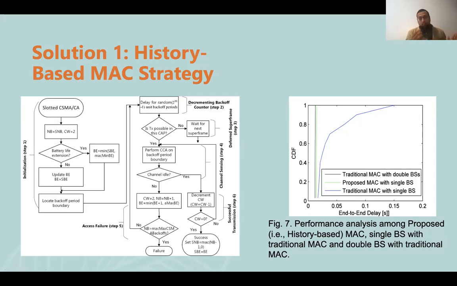So for a successful transmission, we will always use the historical information, which helps us exploit the contention access period optimally. After that, we noticed that our proposed solution is outperforming.